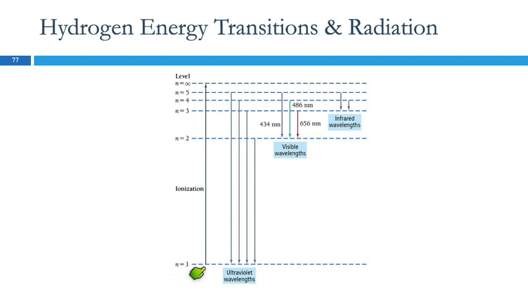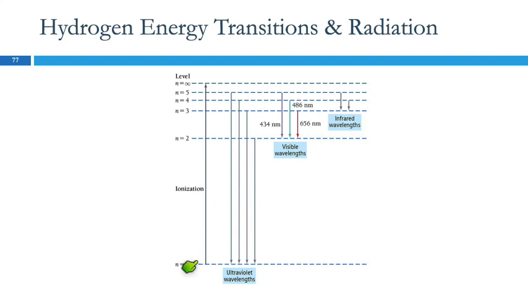So if we were to ionize, pay attention here because there's a question on the worksheet about this. If we were to ionize the hydrogen atom, the normal state for hydrogen is the electron in the lowest level, which is n equals 1. When you ionize a hydrogen atom, you take its electron away, right?